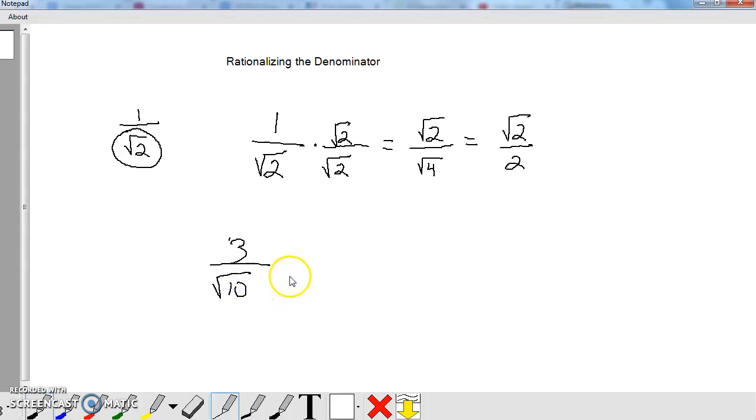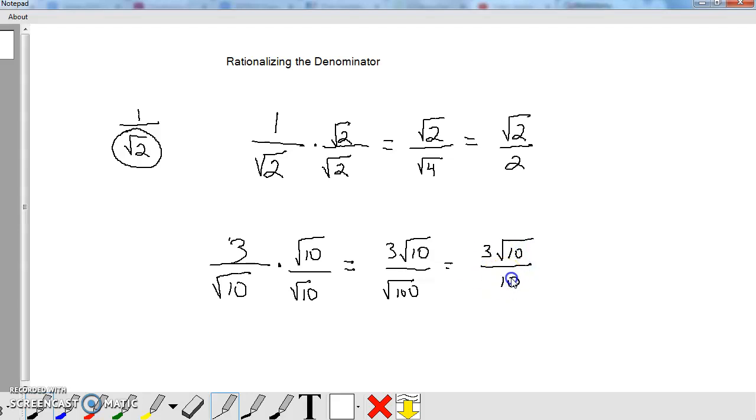I'm going to multiply radical 10 by radical 10 on the top and bottom, again a fraction of 1. 3 times root 10, since this 3 does not have a radical over it, I keep it on the outside, and then this will give me the radical of 100, which ultimately gives me 3 root 10 all over 10.